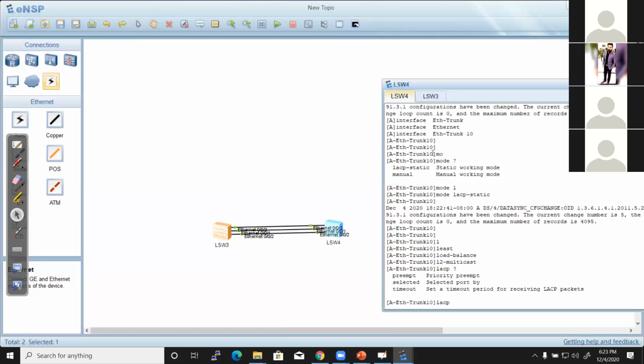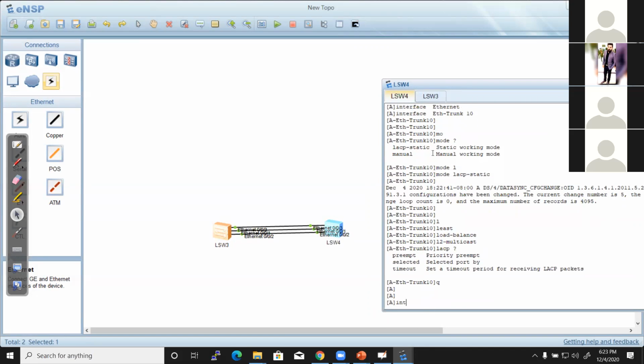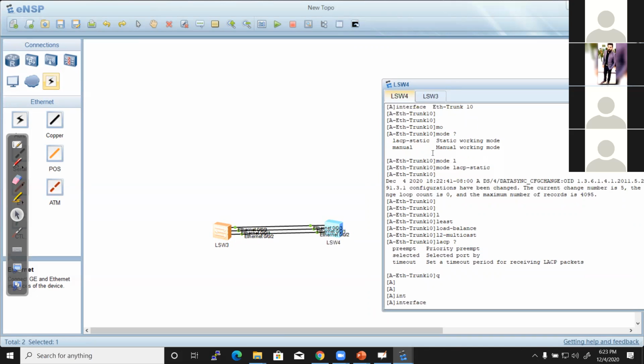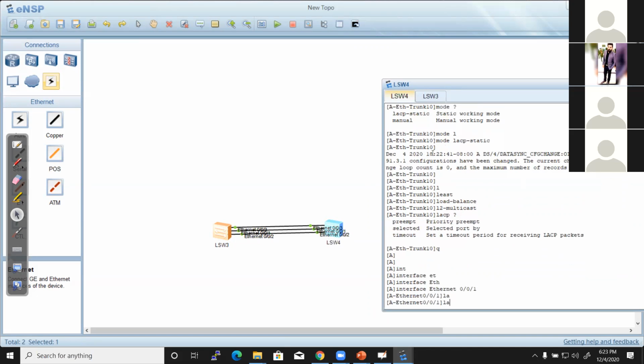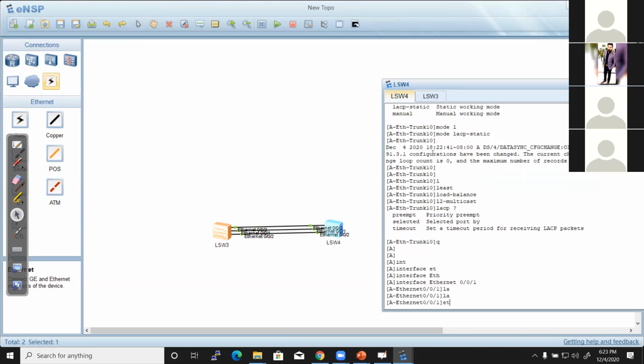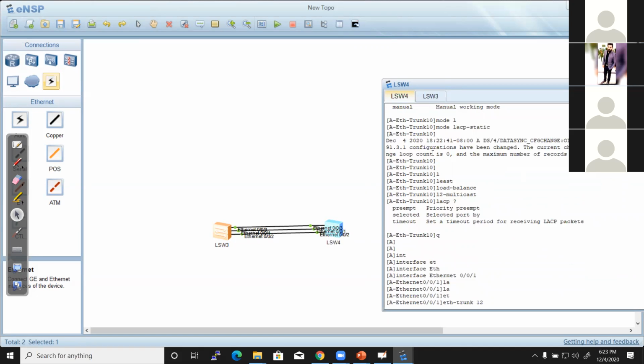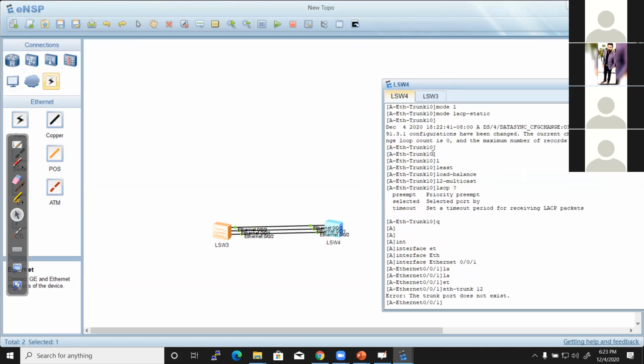Okay, so this is the Eth-Trunk, and you need to go to the interfaces. For example, interface Ethernet 0/0/1, and you can make them members of your logical group Eth-Trunk 12. You can see, guys, it's saying Eth-Trunk does not exist.